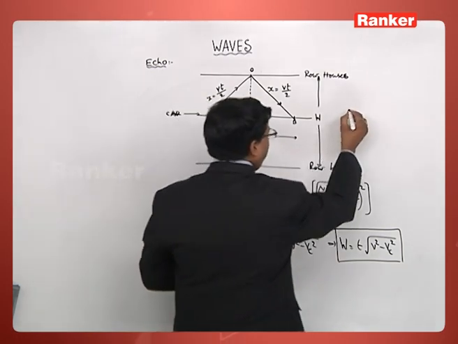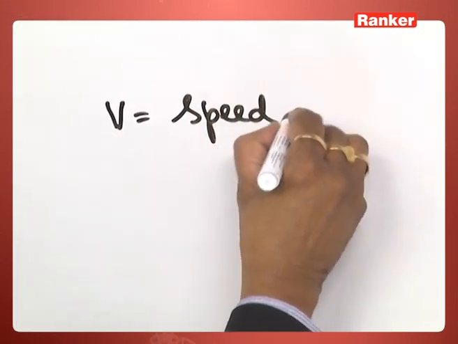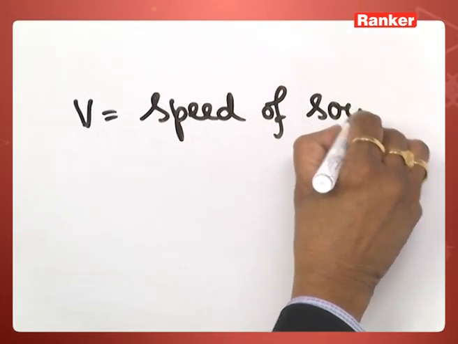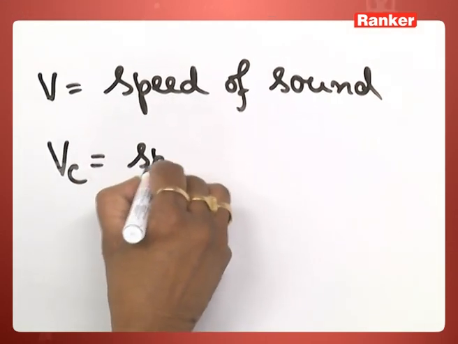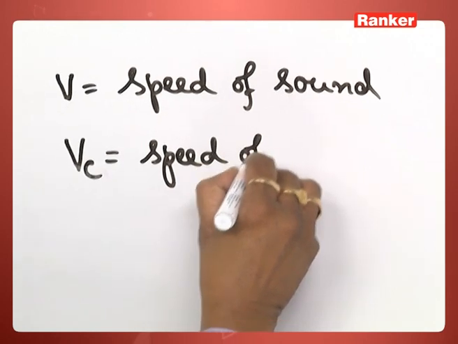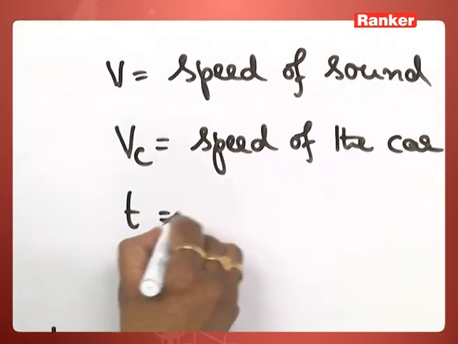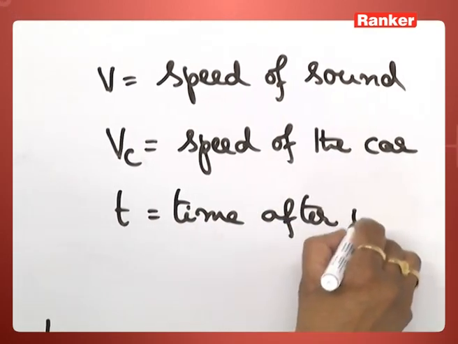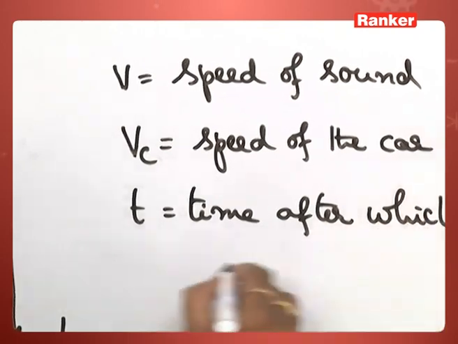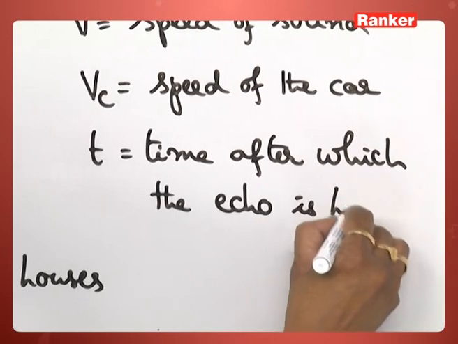You directly can understand. V in this particular case is the speed of sound, and Vc in this case is the speed of the car. And what is this T here? The time after which the echo is heard.